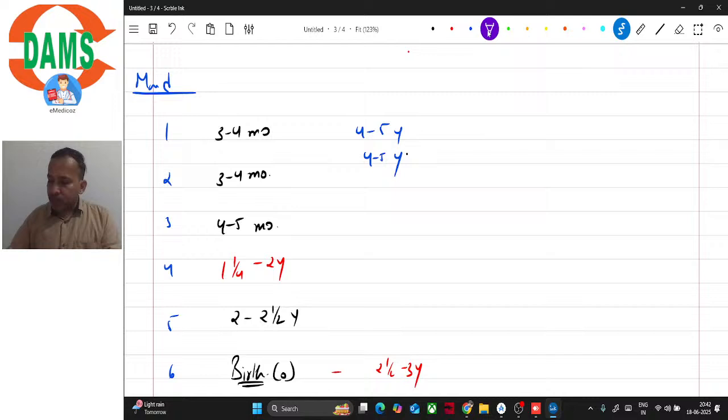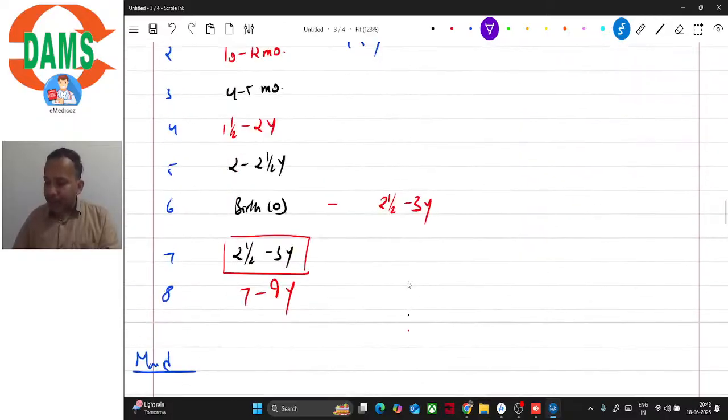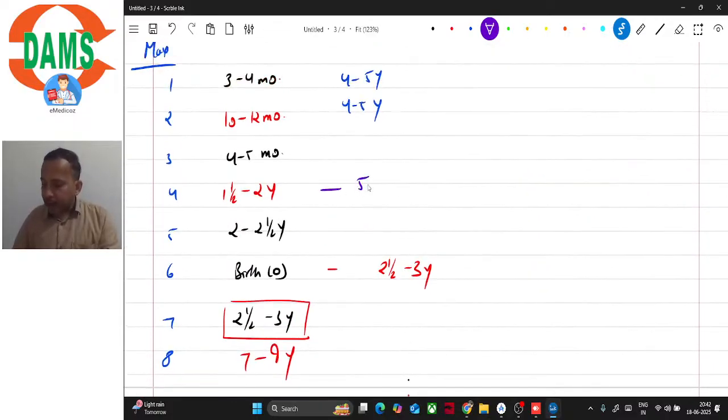So the first premolars, they complete at 5 to 7 years of age, both maxillary and mandibular, right? First premolars, they complete at 5 to 7 years of age. Sorry, 5 to 6 years of age.